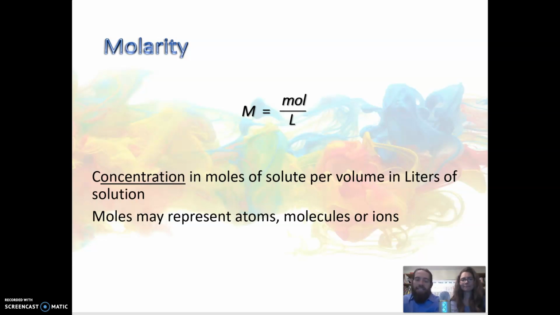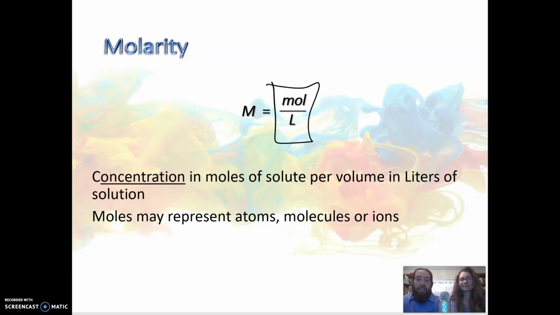And this is one of those derived units in disguise. If you remember when we started, that was a long time ago, we talked about units and how derived units were made up of two or more base units. Well, molarity, the big M, is actually moles divided by liters.